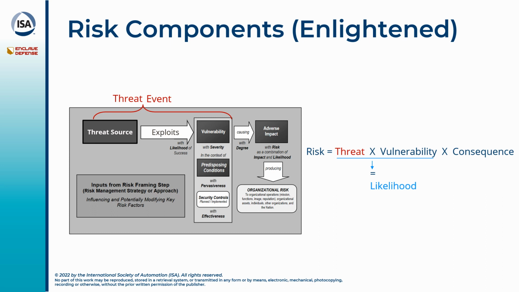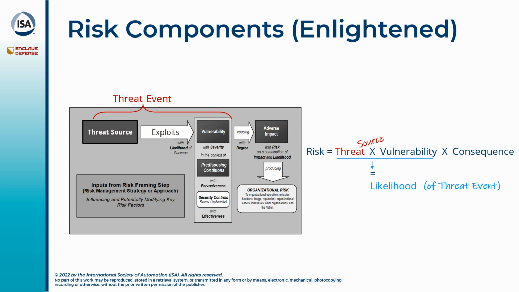So when we look at the risk equation, it's arguably helpful to understand that risk equals the threat source times the vulnerability it's exploiting times the resulting consequence. Consequently, likelihood is the likelihood of the threat event, which happens when a particular threat source exploits a particular vulnerability, which goes right along with Part 3-2's definition of risk that we covered earlier.